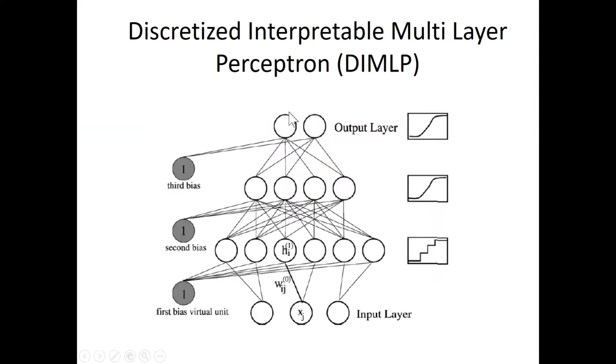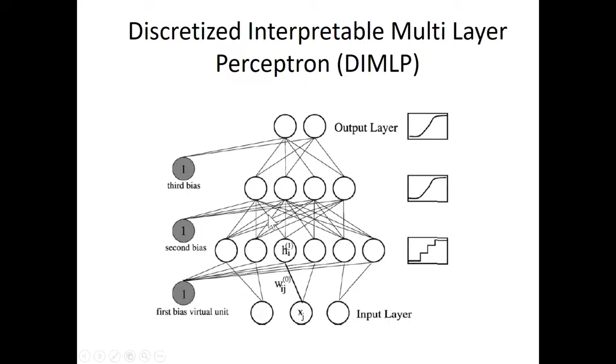in this work. So we are using discretized interpretable multi-layer perceptrons, the DIMLP, that were introduced many years ago. The particularity here is that this is the first hidden layer, this is the second hidden layer, but the connectivity is not full.